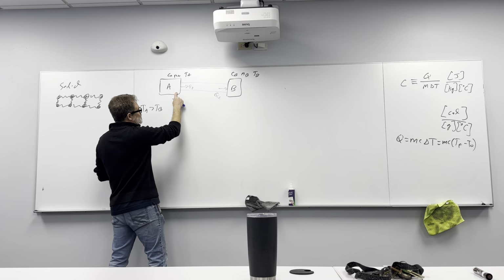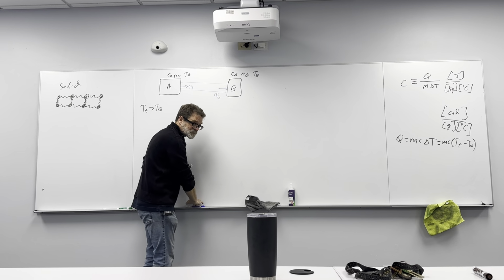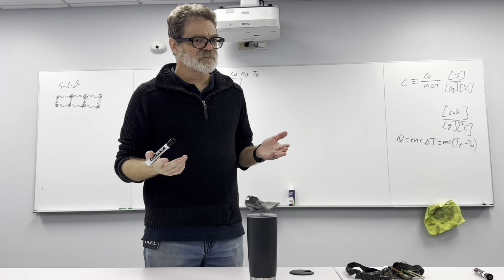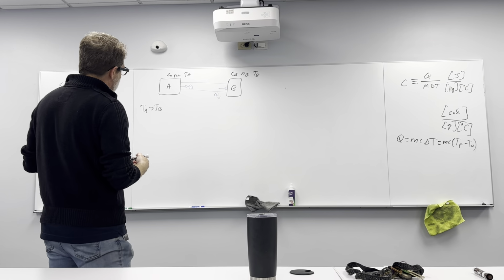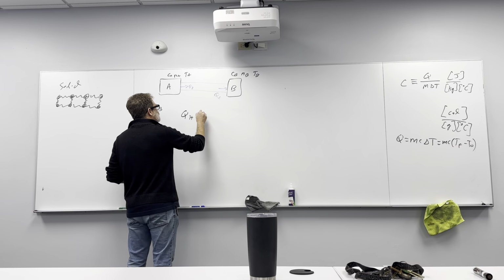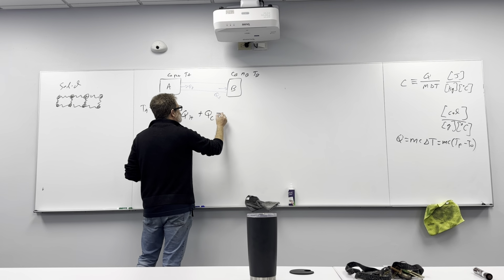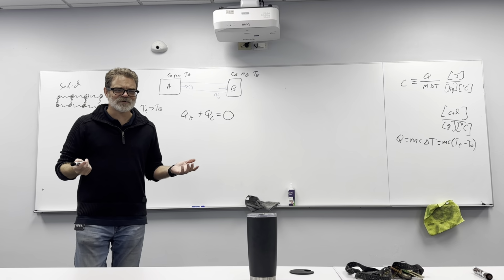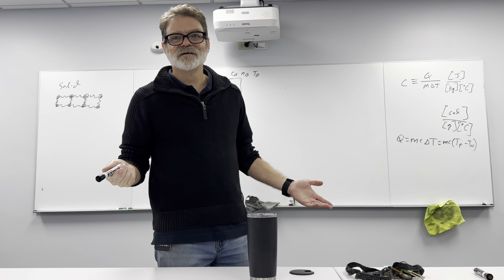So heat's leaving A and going into B. Make sense to everybody? What can I say if I were to add QH plus QC? What do I get? Say it out loud for us. 0. Yes! 0.